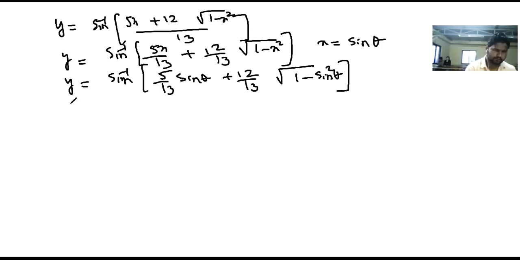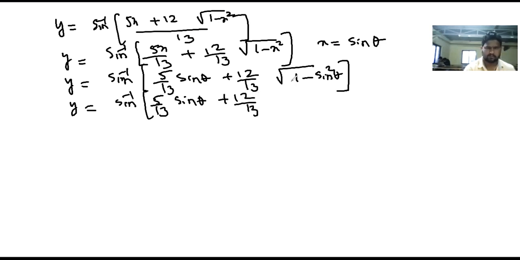What is 1 minus sin square theta? Cos square theta, and the root of cos square theta is cos theta.